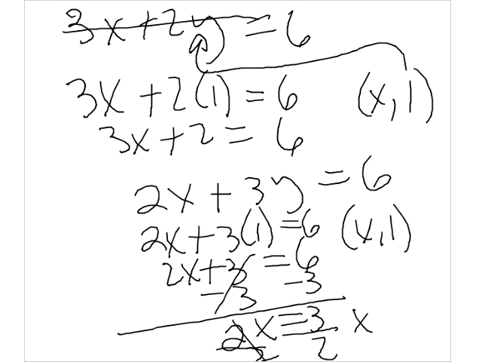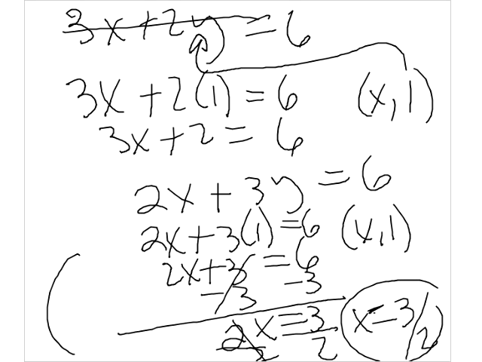And x equals 3 halves. So our ordered pair then would be 3 halves and 1. They gave us the 1 and we plugged in and found out that x is 3 halves. Well, let's do that last one of theirs too, and I'll make sure to copy the equation correctly this time.